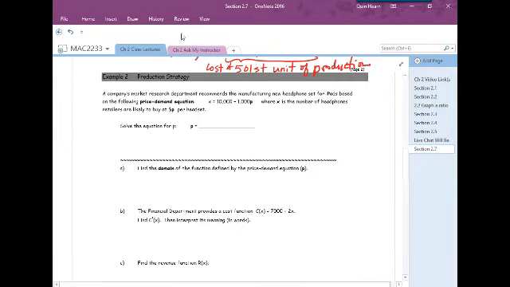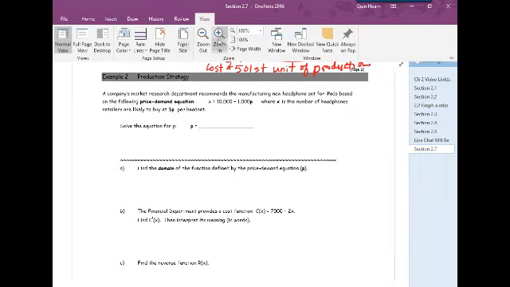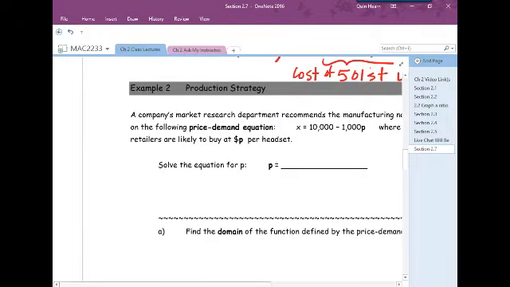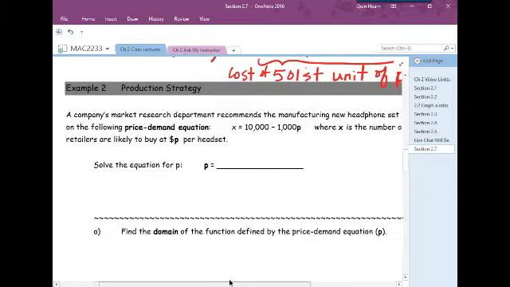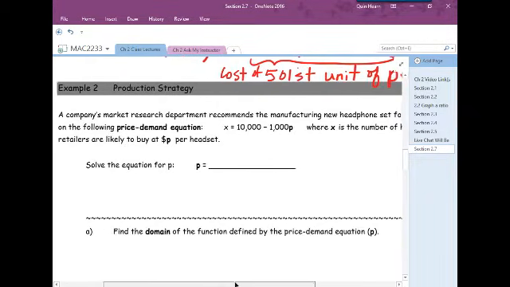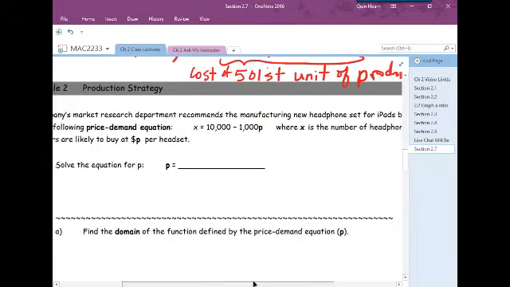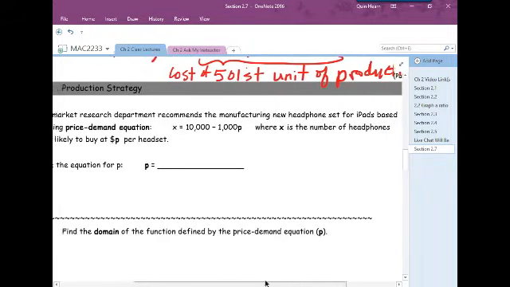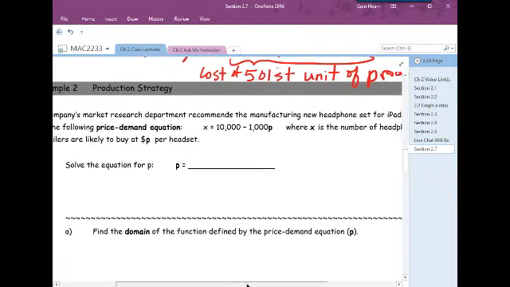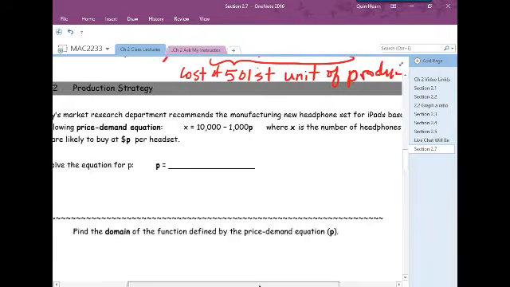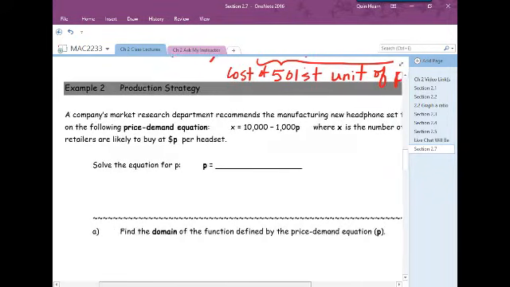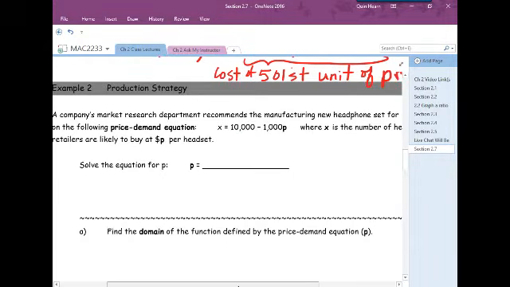Another type of problem we're going to be interested in talks about the demand equation. A company's market research department recommends manufacturing a new headphone set for iPads based on the following price demand equation: X equals 10,000 minus 1,000 P, where X is the number of headphones retailers are likely to buy at P dollars per headset.